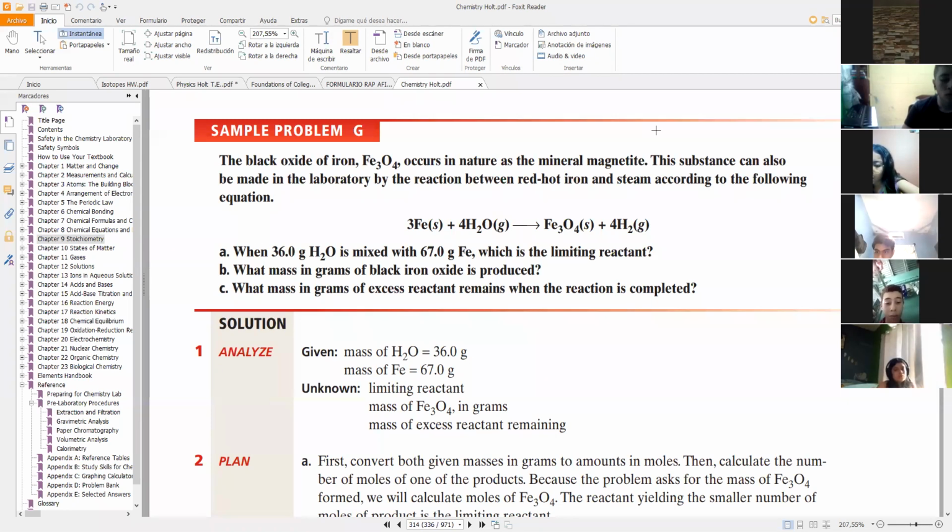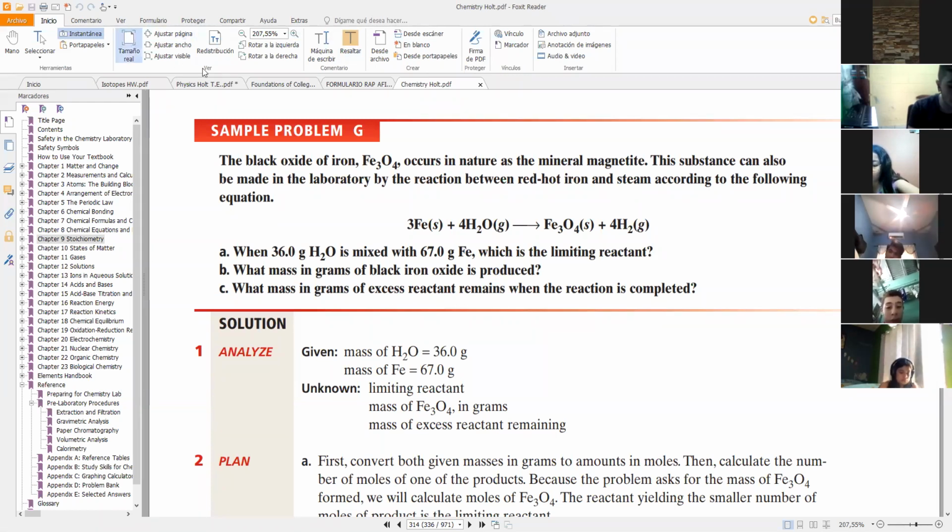Iron plus water. It says red hot iron, element iron, plus steam. Steam is water vapor, so you have water in a gaseous state. And this produces magnetite, and as a side product, it produces hydrogen.